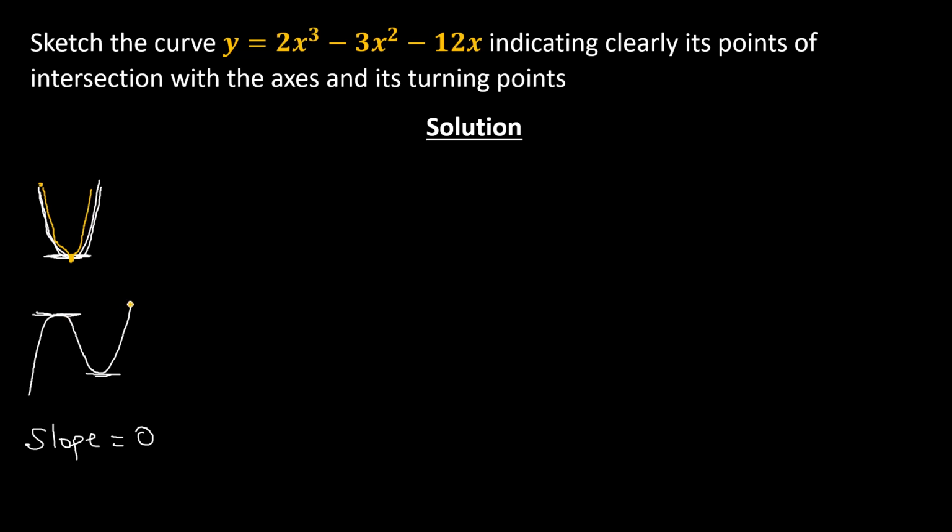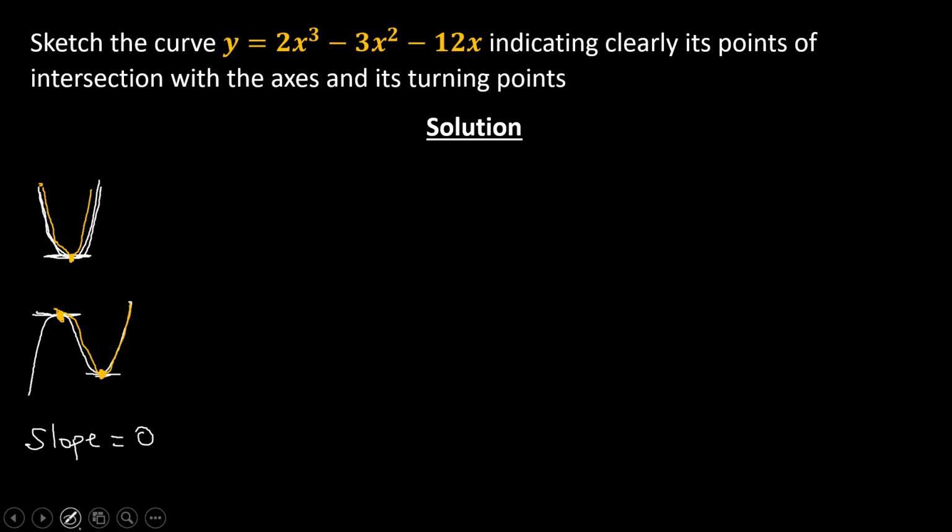If it ascends, when it gets to the turning point, the slope becomes 0. So what that means is that at the turning point, the slope becomes 0.